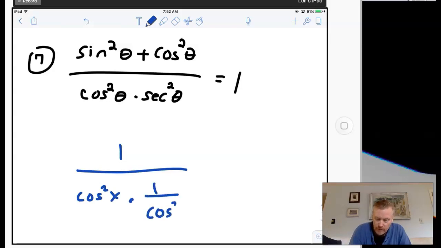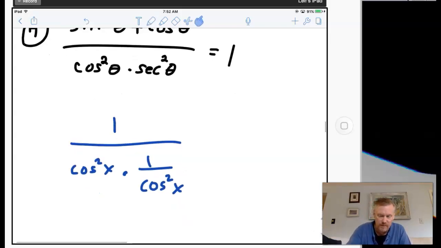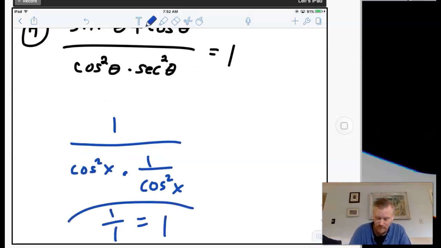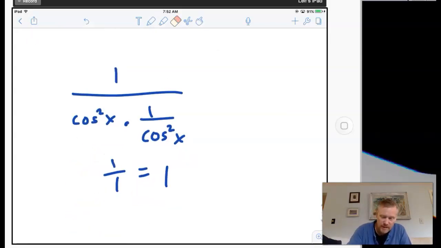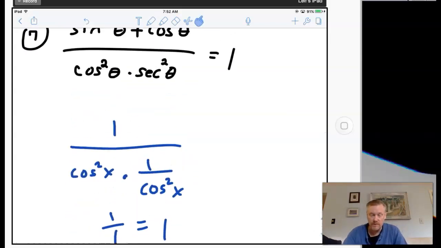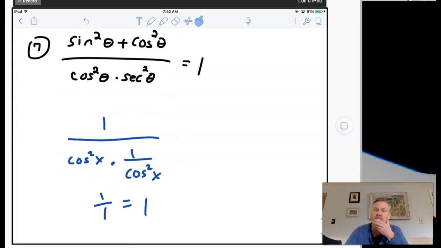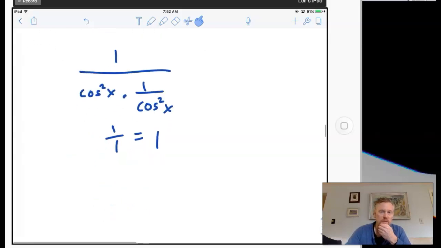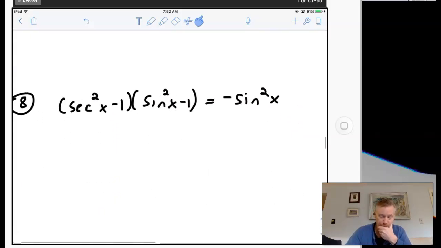So therefore, secant squared is 1 over cosine squared, which means that's 1 when you multiply them together, right? Anything times its inverse is 1. So I'm done, all right? That one actually came together real nice. So sometimes even though they look crazy hard, they're not, okay? So that's 1 times 1 over 1, a lot of ones.